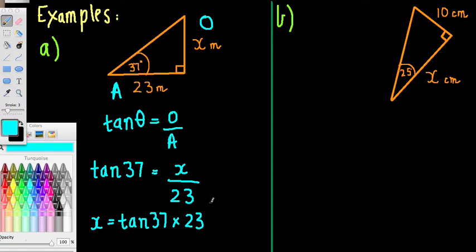You will need your calculator again. As always with this topic, you will need to bring it to every class, remember that. This time I'm pressing the tan button, right next to the cos button. Tan 37, close the bracket, remember, multiplied by 23. You will get a different answer if you don't close that bracket, ladies, so we have to remember that.